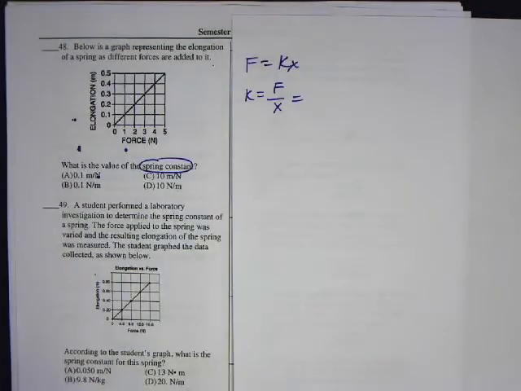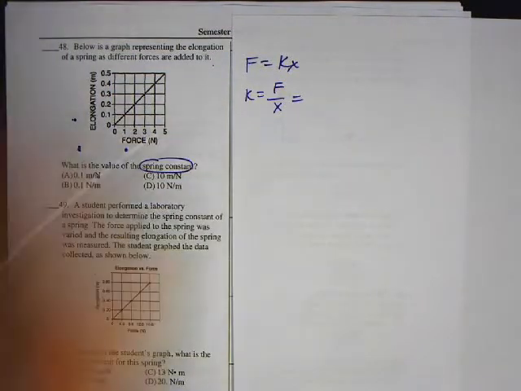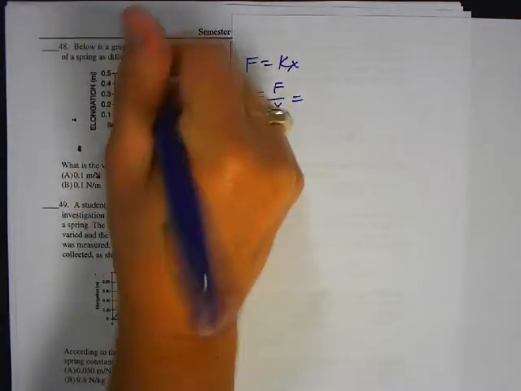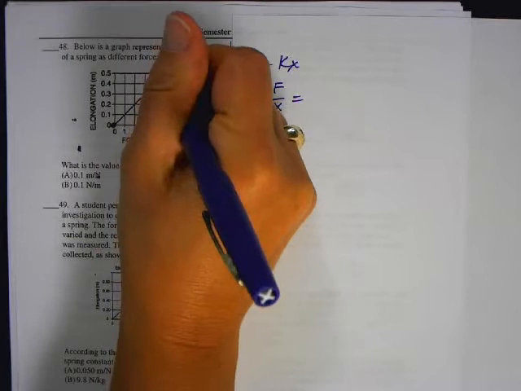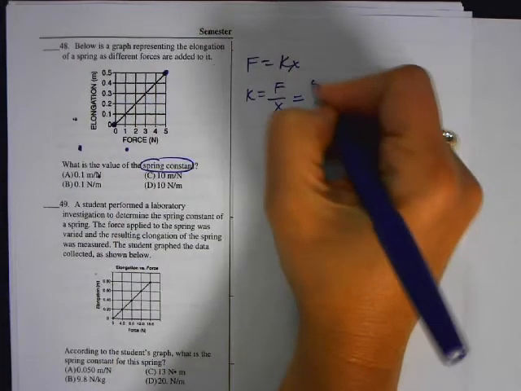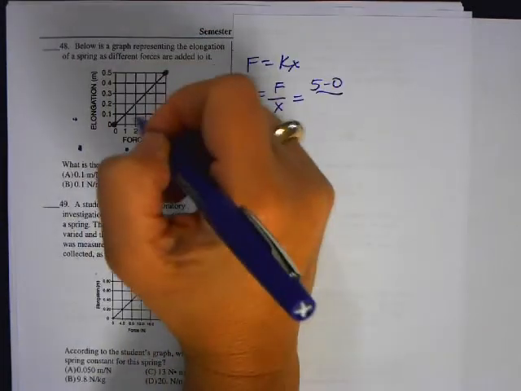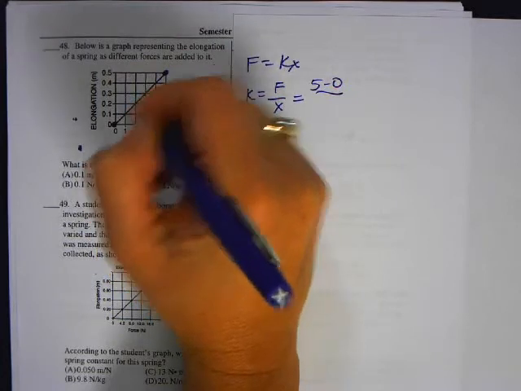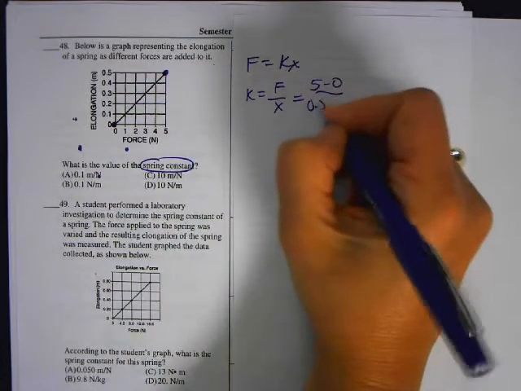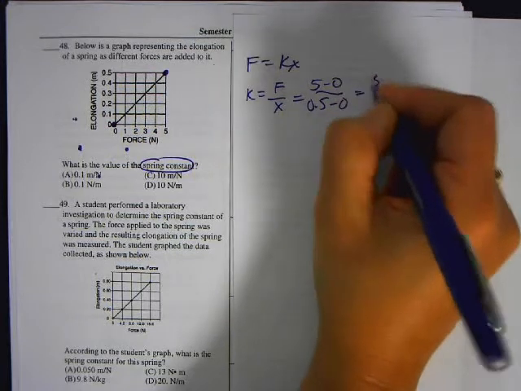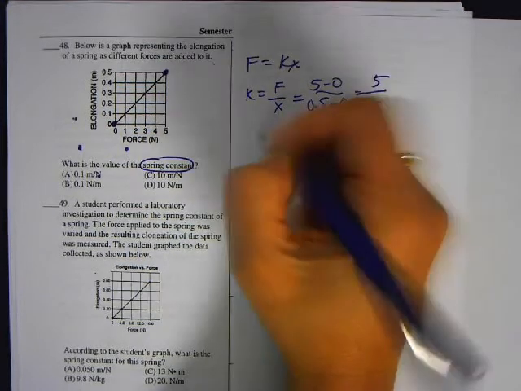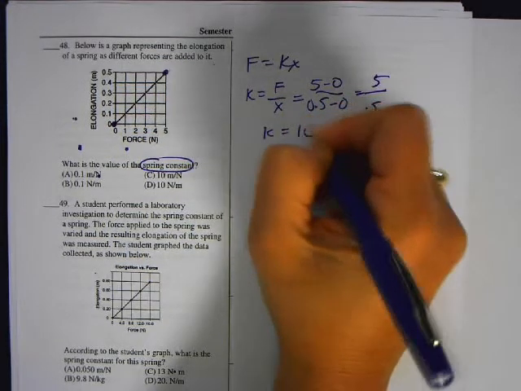Because it goes through 0, I always look at the endpoint. This is a straight line. So the force is 5 minus 0, over the elongation, which is 0.5 minus 0. So 5 divided by 0.5, so k is equal to 10.